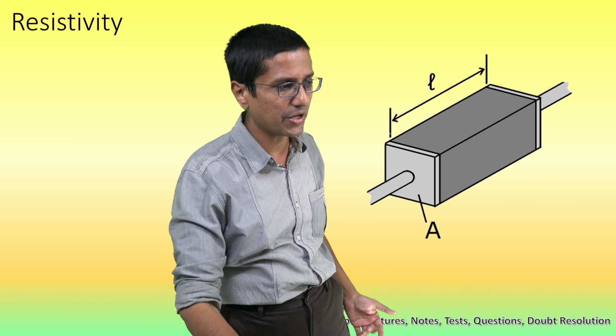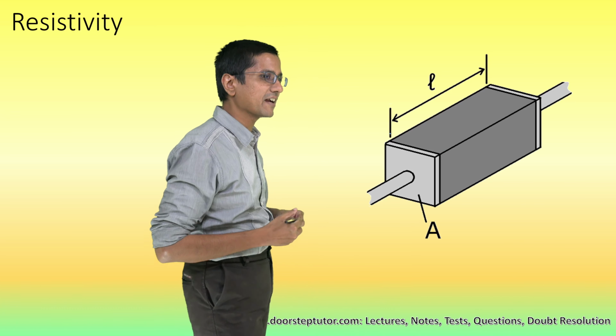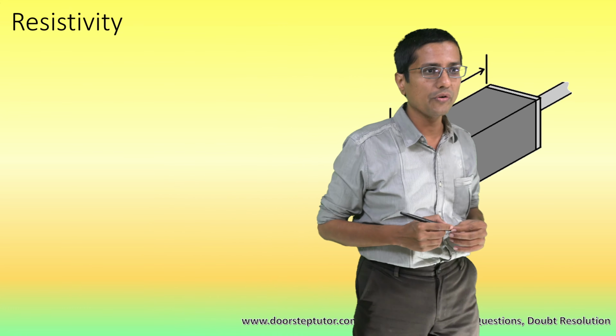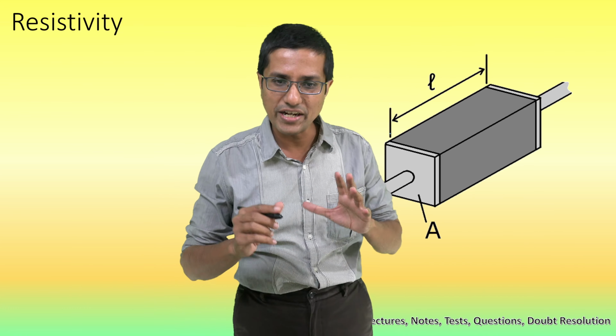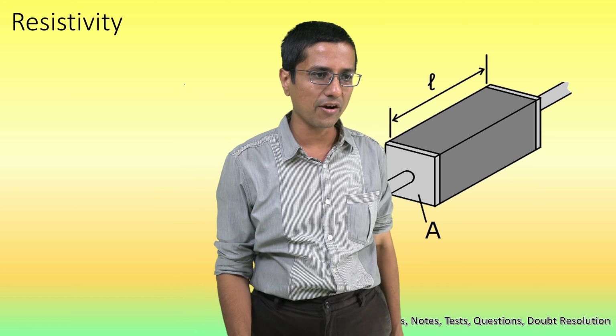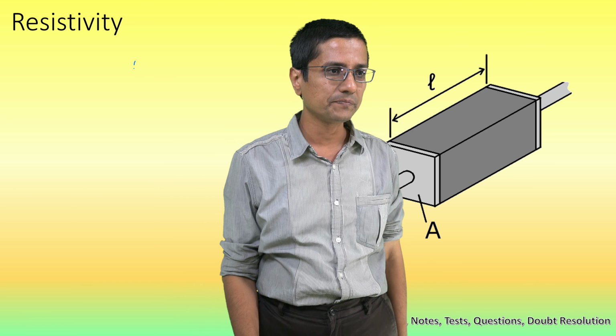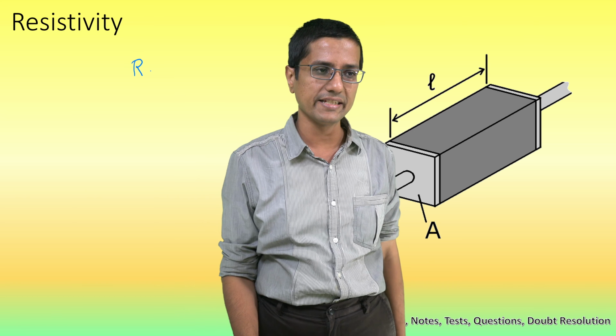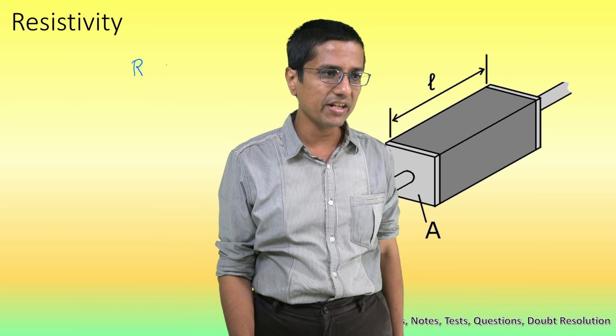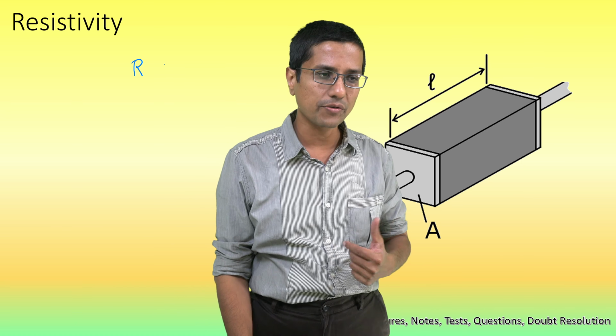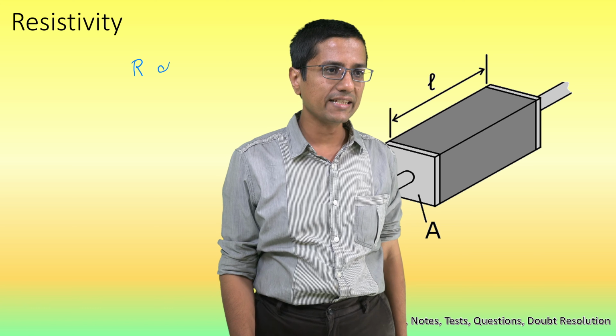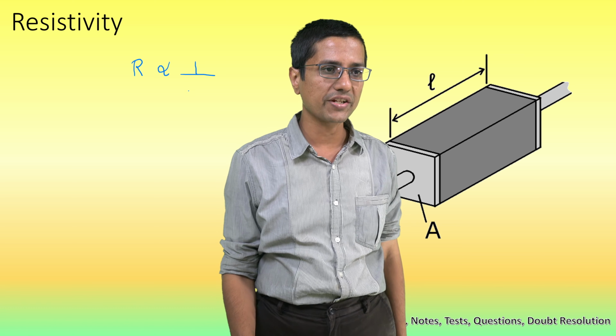Now this relationship is captured very nicely with the help of a term known as resistivity. So we'll now start writing the equations, because we have gotten a hang of it. R is typically what we call resistance. As we said, in the case of both the pipe and the conductor, resistance is inversely proportional to cross-sectional area.